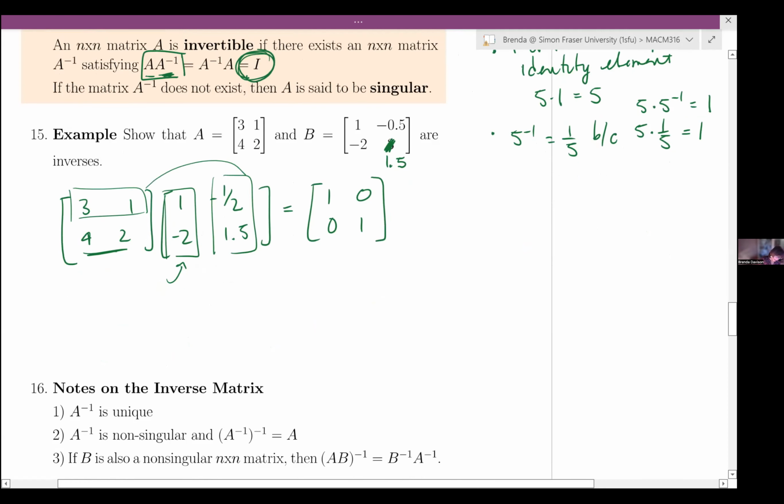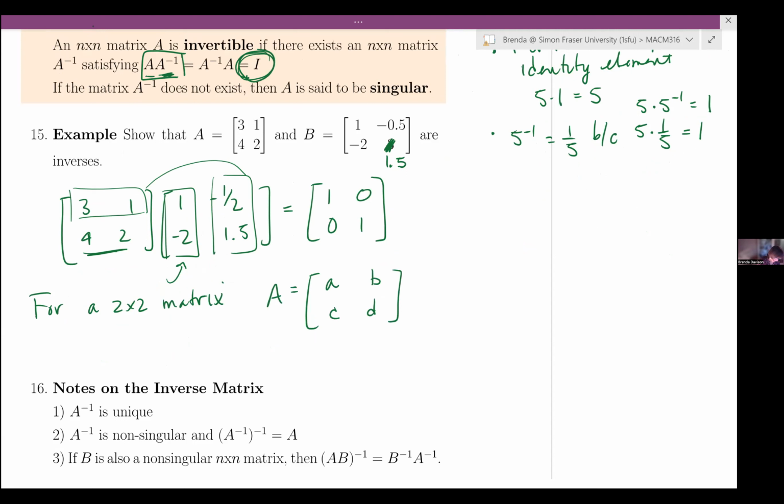For a 2 by 2 matrix, we can quickly get the inverse. This is only for 2 by 2 matrices. Imagine we have a matrix A, B, C, D, and we want the inverse.